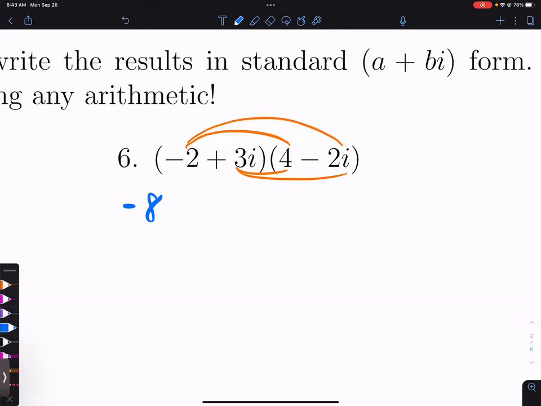Negative 2 times 4. The outer, negative 2 times negative 2i, so plus 4i. The inner part of the product would be plus 12i. And then the last part would be minus 6i squared.